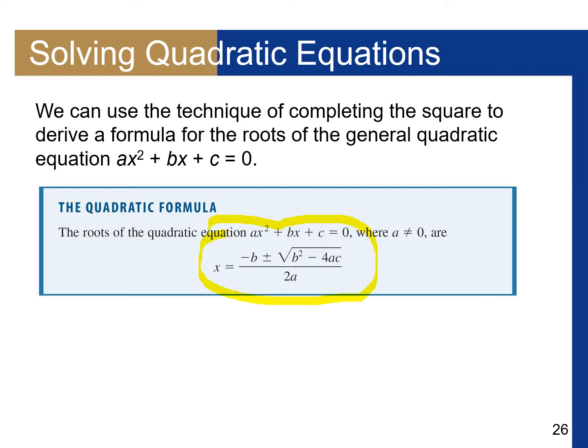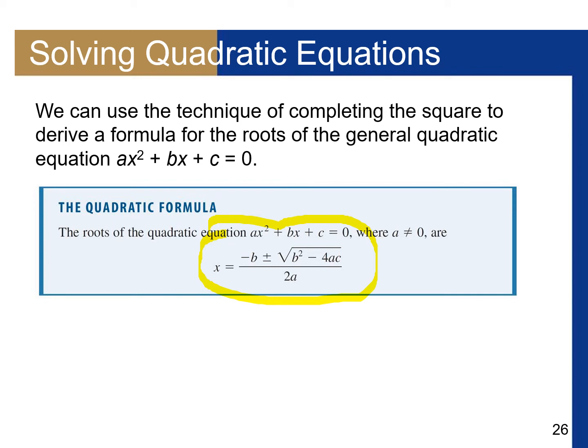Quadratic formula. The quadratic formula will solve any quadratic equation, and you can learn it by singing a little song. This is x equals negative b plus or minus the square root of b squared minus 4ac over 2a.